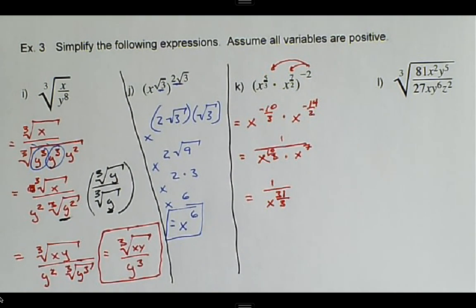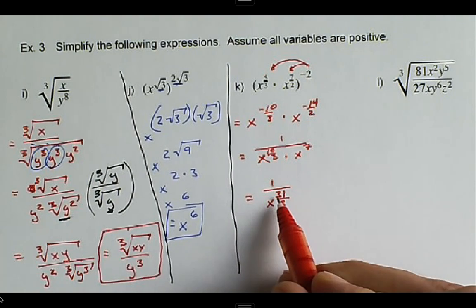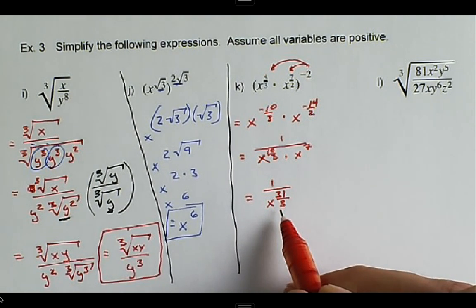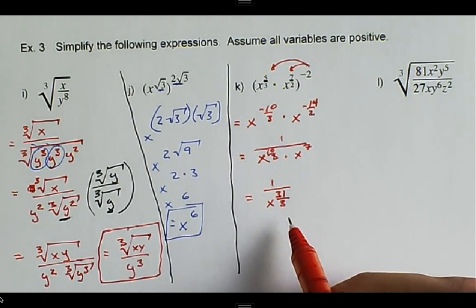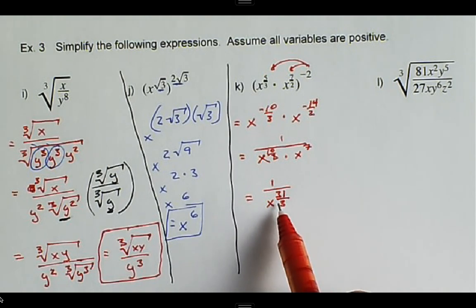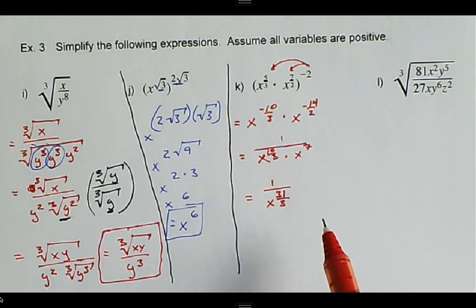Well, the thing that we don't like about that is we don't quite have an exact perfect cube root in the denominator, because 3 does not go into 31. And what we want to have is some exact multiple of 3 in order to get rid of the radical.